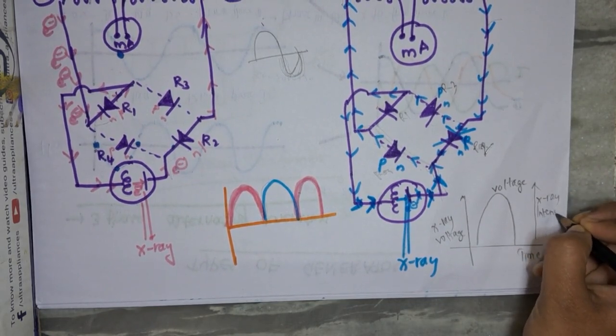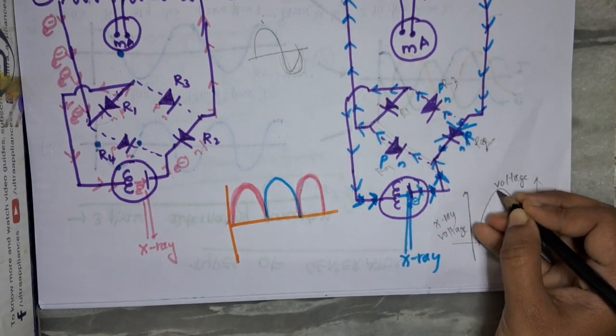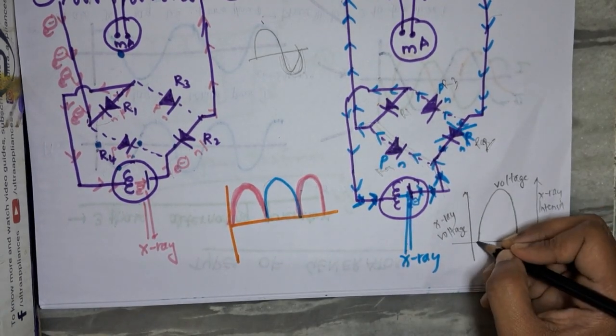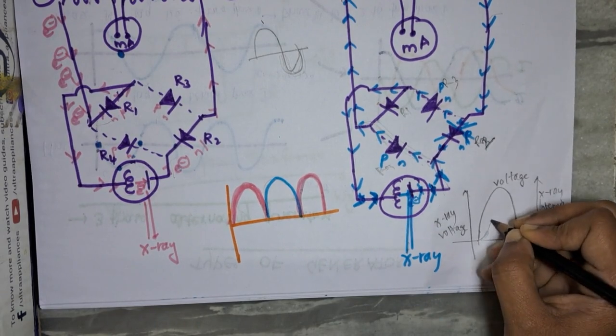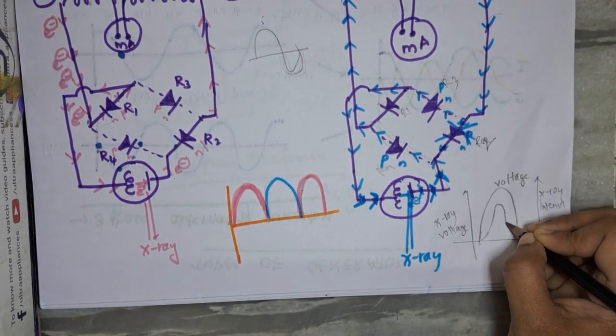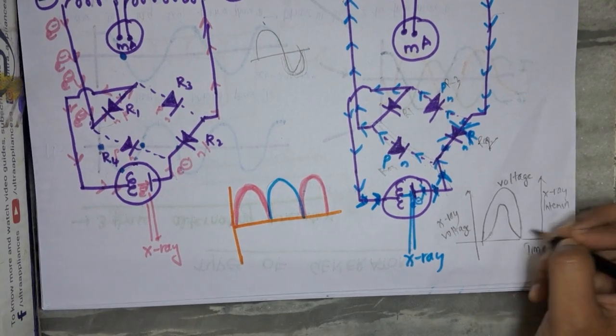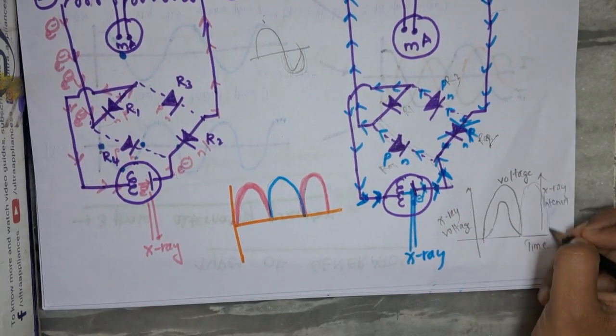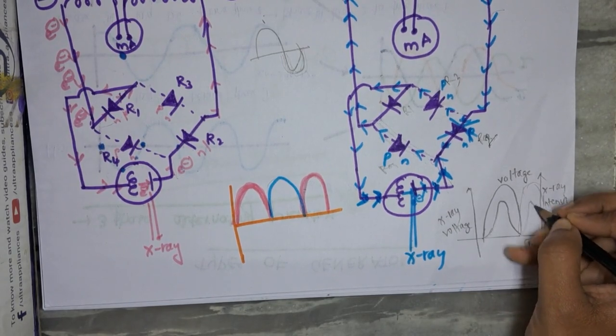Here the voltage of the current increases and then decreases. Intensity of X-rays produced will also increase to maximum and then decrease. In the next one, the second diagram, the intensity will increase and decrease.